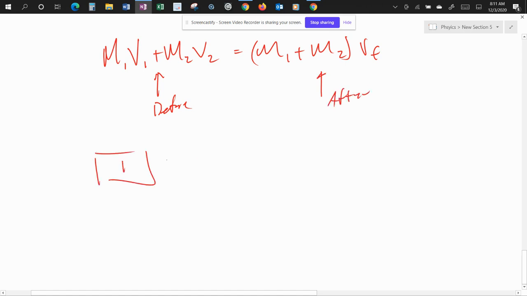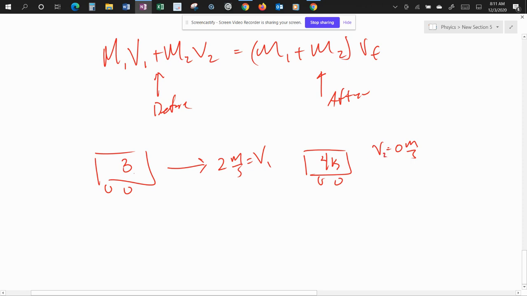So I'll just do 2 blocks. You got a block that's 1, and no, actually we're not going to make it 1. We'll make it 3, and its speed is 2 meters per second, and it smashes into a block over here that is 4, and it's not moving at all. So the initial is 0. We'll call this V1. We'll call this V2.